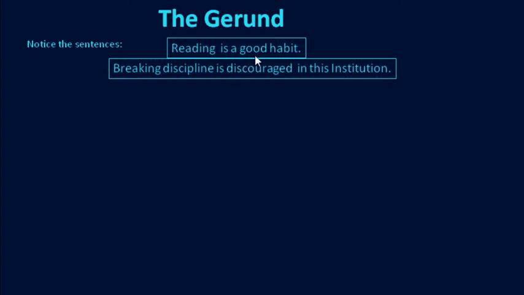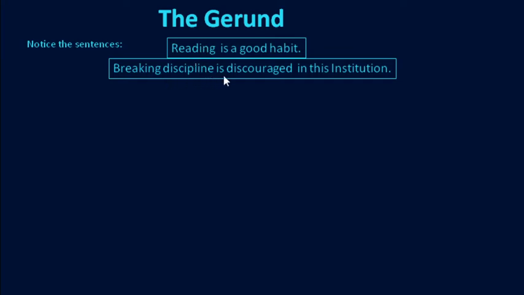You can observe this sentence: "Reading is a good habit." Read is a verb, and ing has been added with the base form of the verb. Here, reading acts as a subject, that is a noun, so it acts as a noun as well as a verb.